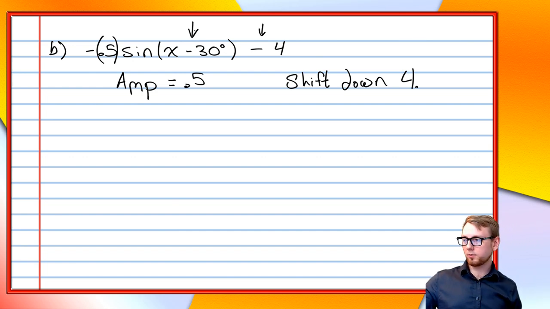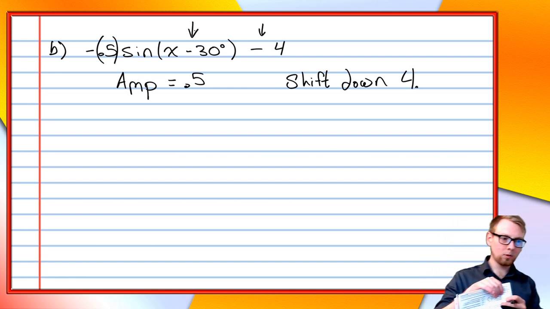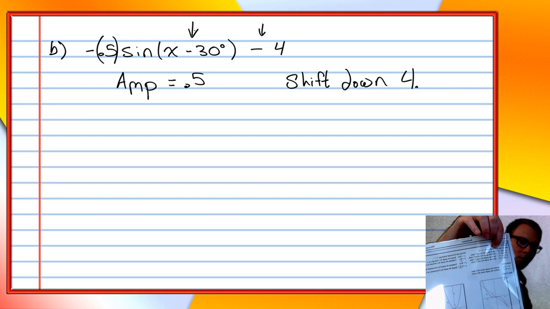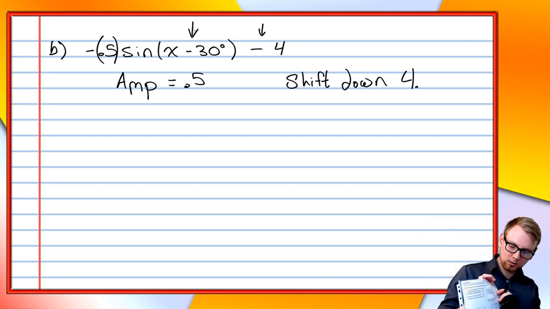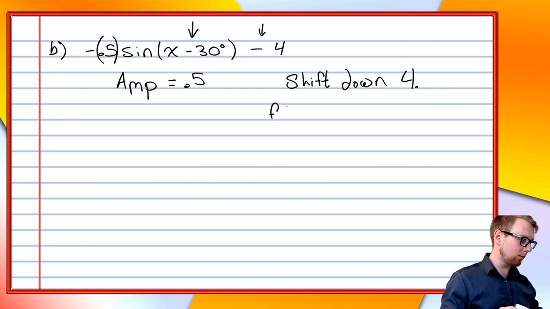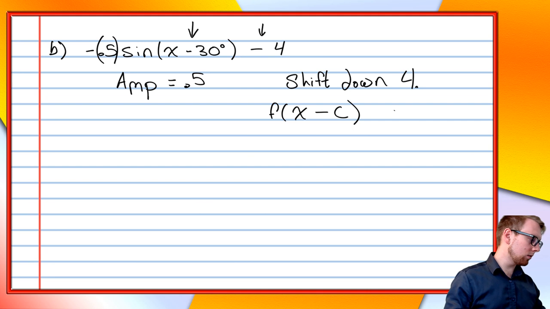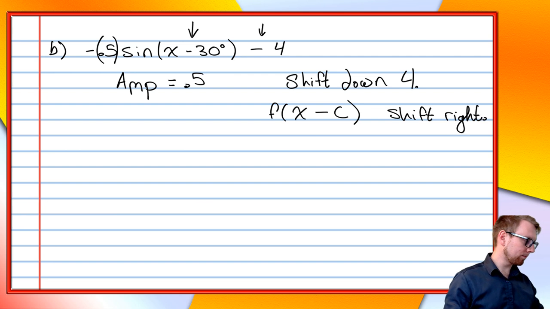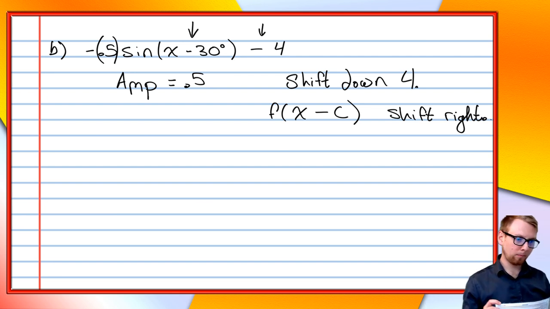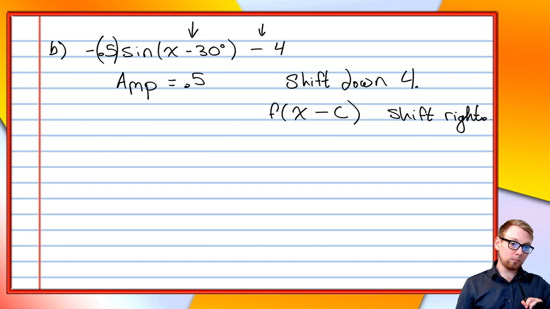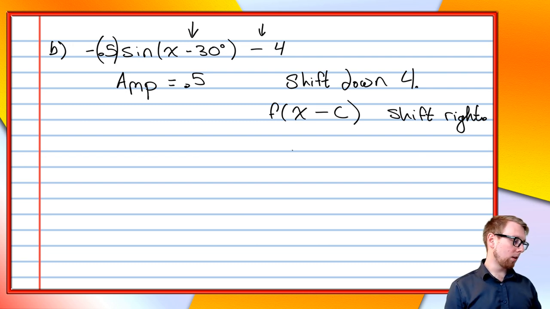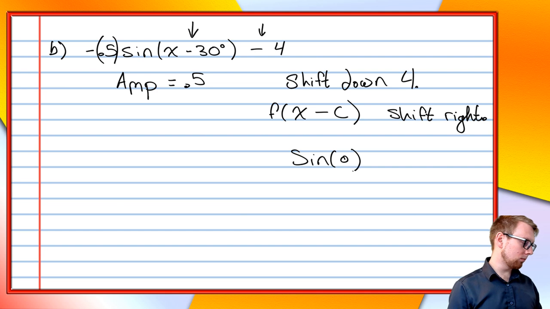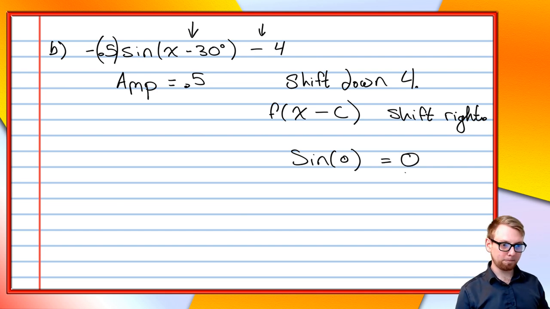Actually, you can even check on here. When I gave you these, this has all the shifts in it. So if we have f of x minus some constant, this is shifting right. For example, sine of 0 is 0, right?